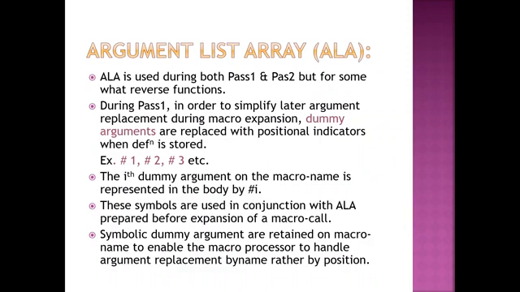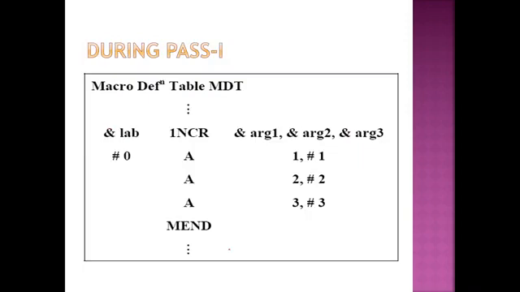Let us see one example so that you understand. Let us say here in your macro name table, which we saw before, it was actually A1, comma, argument 1. But here the macro processor would have renamed all the arguments.